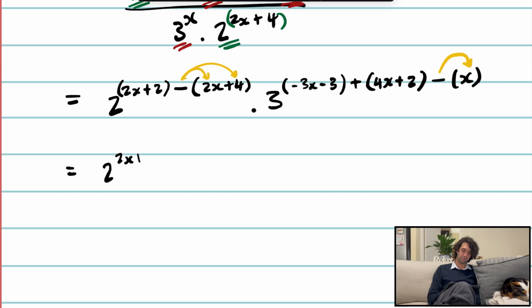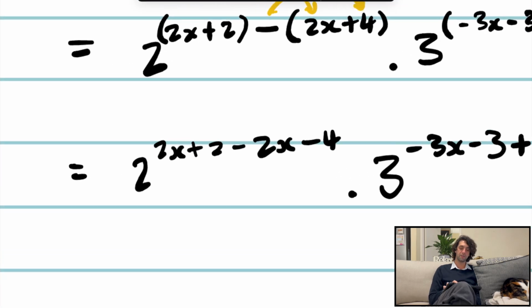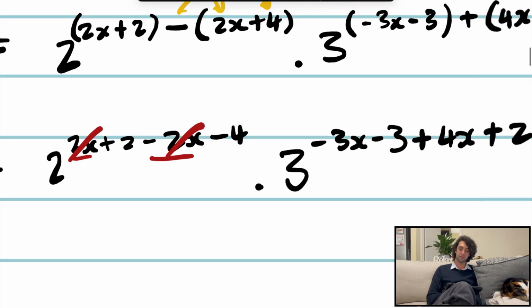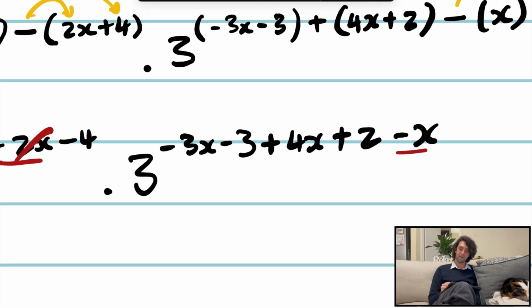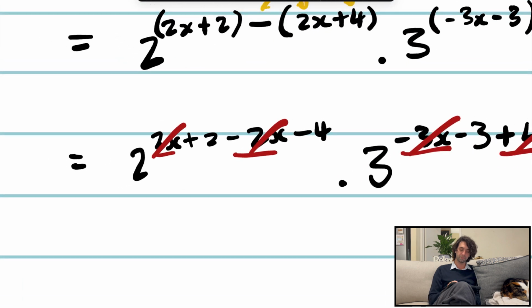So that's 2x plus 2 minus 2x minus 4 multiplied by 3, negative 3x minus 3 plus 4x plus 2 minus x.